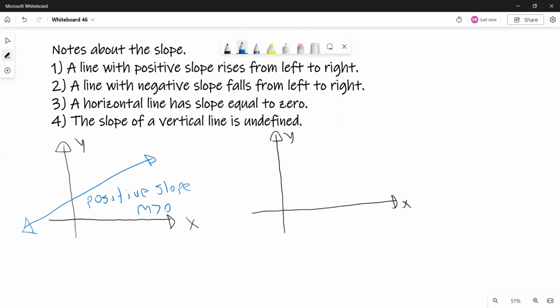A line with negative slope falls from left to right. So the rise and the run have opposite signs. So either the line falls as x increases, or it rises as x runs backwards.